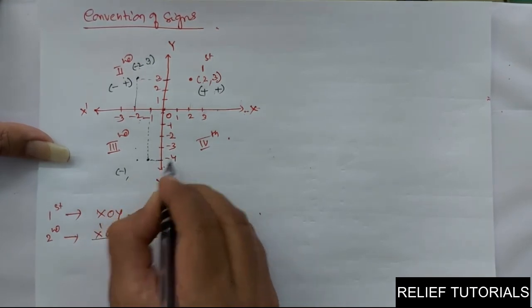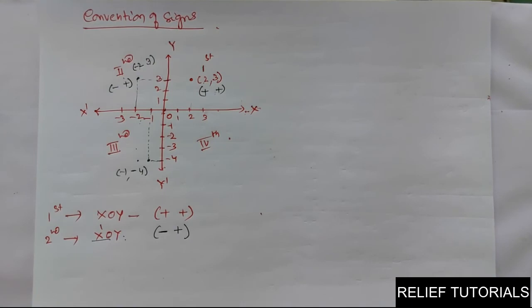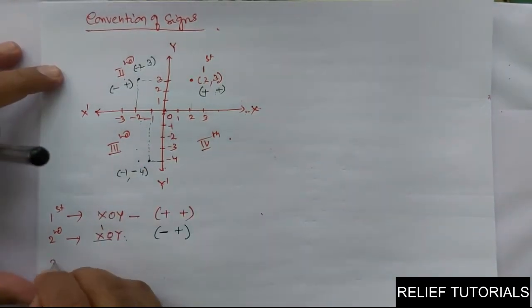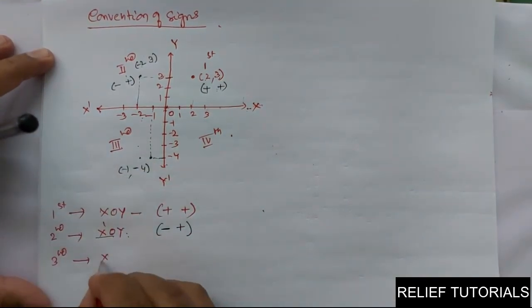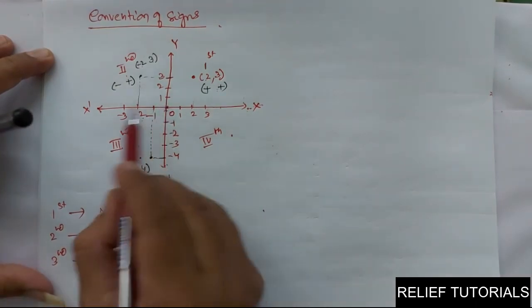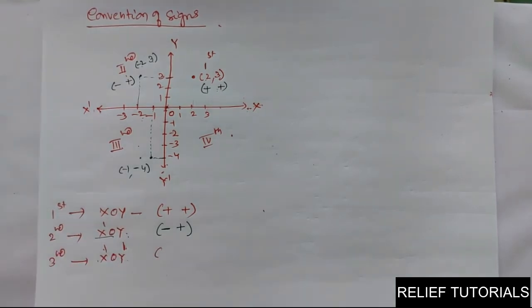Then on the y-axis, it is minus 4. So if we talk about the third quadrant, this is the third quadrant, X dash O Y dash. See, two negatives: OX dash is negative and OY dash is negative. So here the coordinates will be negative, negative.